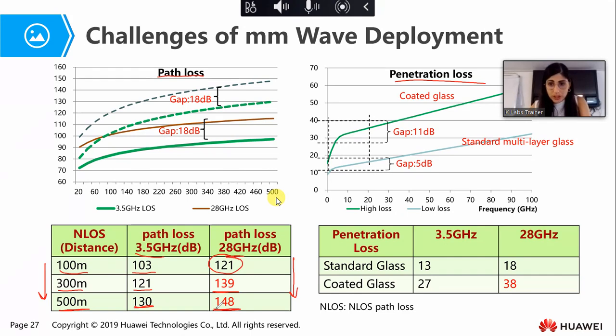Also for the penetration loss, we can see with standard glass or coated glass that, for example, at 3.5 gigahertz, we have a penetration loss of 13 dB, while at 28 gigahertz, we have a penetration loss of 18 dB. And with coated glass, the penetration loss at millimeter wave is 38 dB.